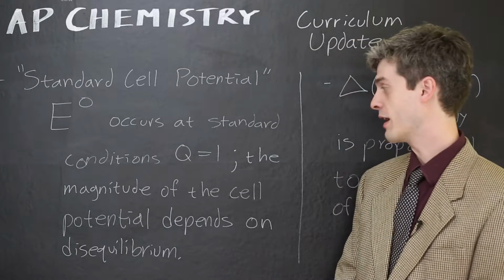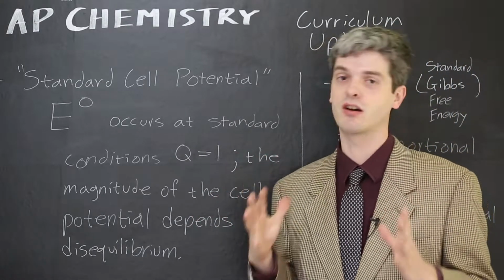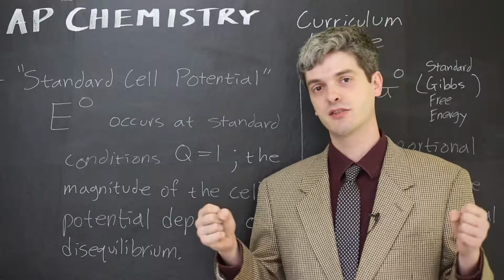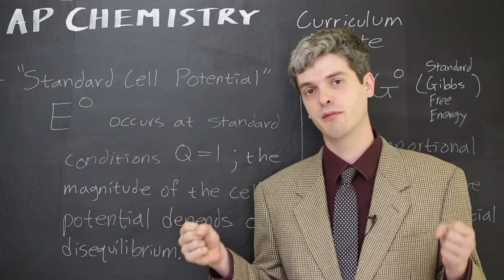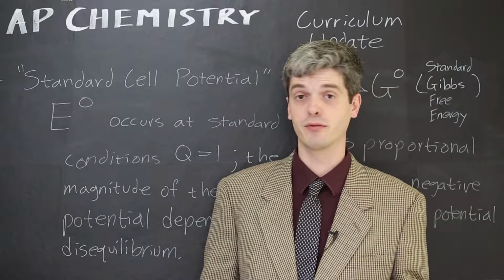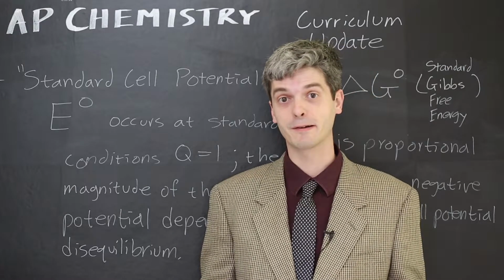And so the way to think about this is that the magnitude of the cell potential depends on the disequilibrium between the two sides of the redox reaction based on the conditions that you're actually in, that will affect how much electron affinity some of these substances actually have, for that matter, okay?